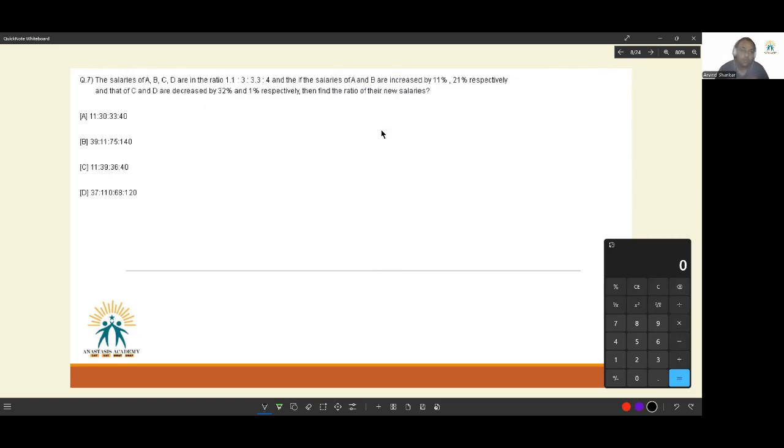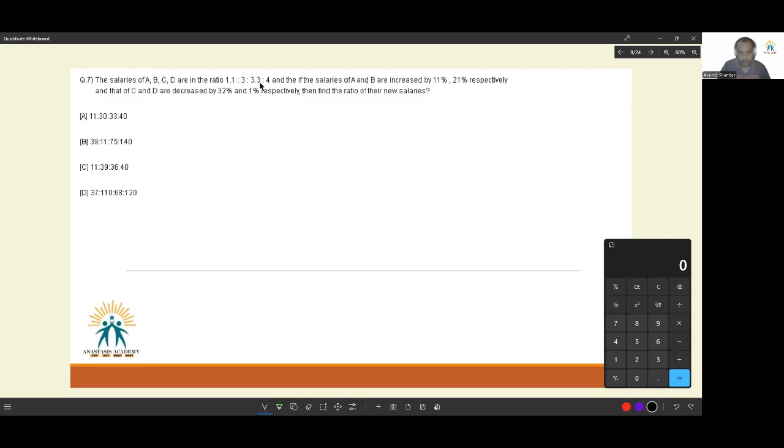The salaries of A, B, C, D are in the ratio 1.1 is to 3 is to 3.3 is to 4. If the salaries of A and B are increased by 11% and 21% respectively, and that of C and D are decreased by 32% and 1% respectively, find the ratio of their new salaries.